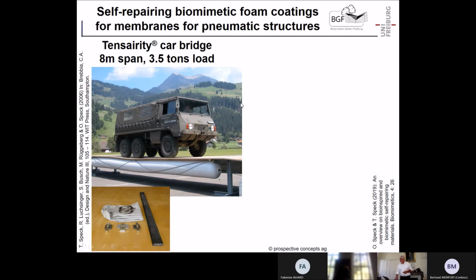There we were contacted by a company from Switzerland, and they built these nice so-called tensegrity structures. They consist of a compression rod on top and tension cables, and they are put under tension by this rod, which is nothing else than a pneumatic cylinder with a slight overpressure of only around 100 millibars.